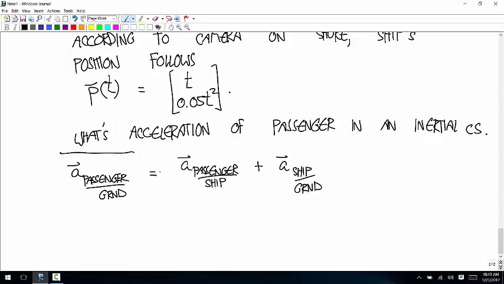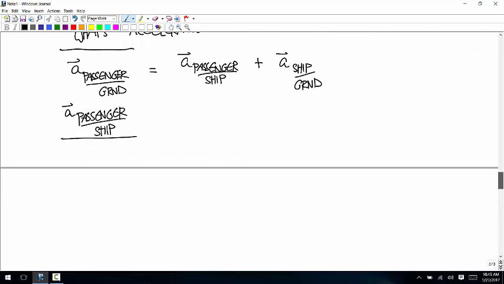Okay, so we're trying to find this. We have to do it by calculating these two things. So acceleration of the passenger relative to the ship. Well, we know that the position of the passenger relative to the ship is 80 times the cosine of 0.01 t, 80 times the sine of 0.01 t.